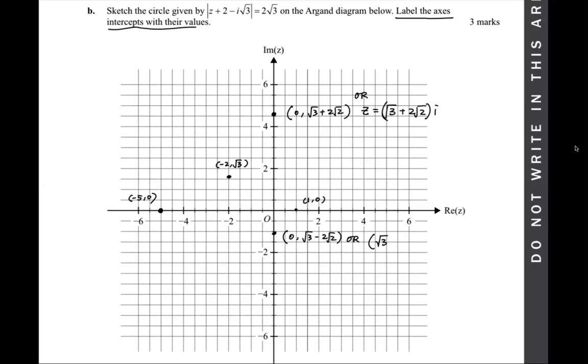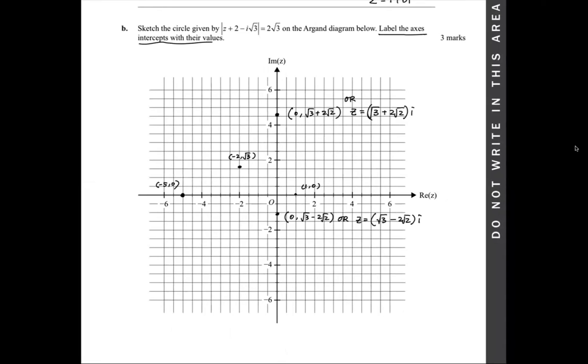Or root 3 minus 2 root 2 i, etc. But you can't mix them. A common mistake from students is writing an extra i here, which doesn't make sense, because along this axis, we're just looking for the constant here rather than a constant multiplied by i.